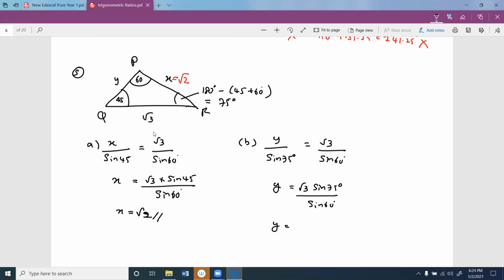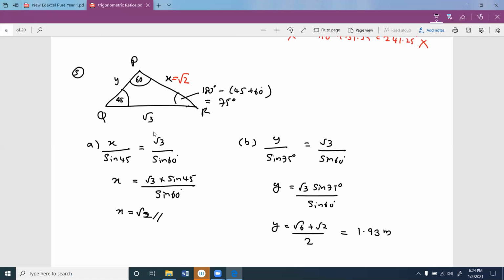That answer becomes root 6 plus root 2 divided by 2, and as a decimal answer, that is 1.93 meters.